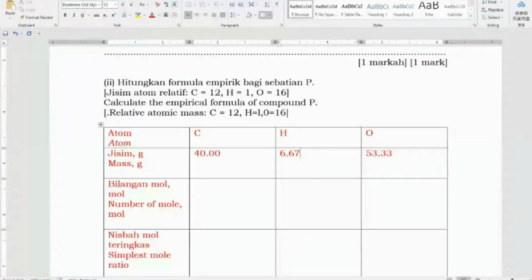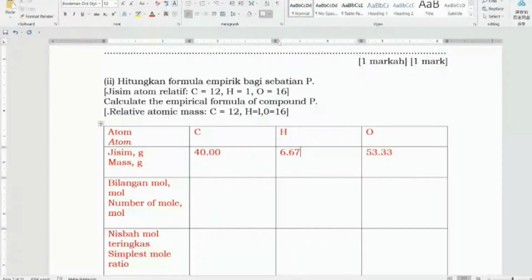Okay, Faris, the formula to find the number of mole. Mass over molar mass. Okay, very good.